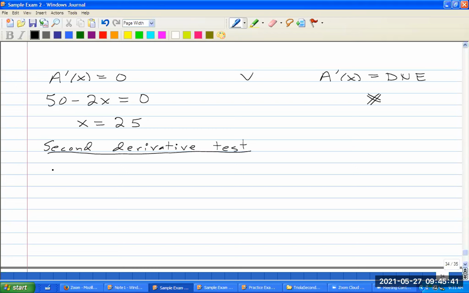The second derivative at 25 is negative 2, which is less than 0. So this is a maximum.